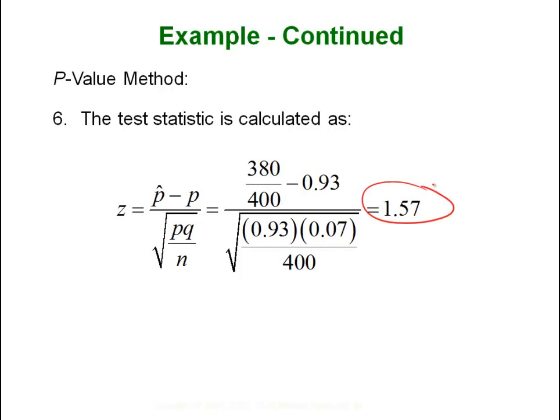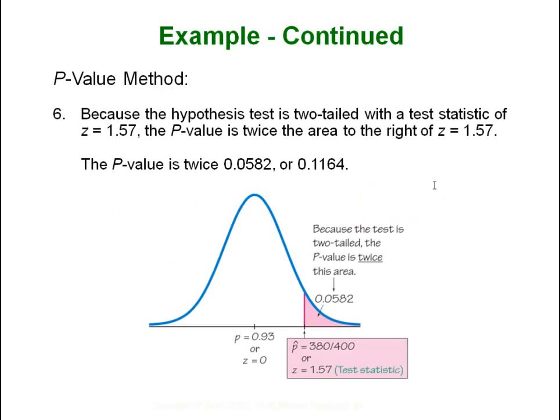Now we can look that up in a table or use technology. But in either case, we end up getting 0.0582. That's the area to the right of our test statistic. But because this is a two-tailed test, we also have to take into account the likelihood of getting something over here, right, that is equally deviant from 93, the same distance or farther away.